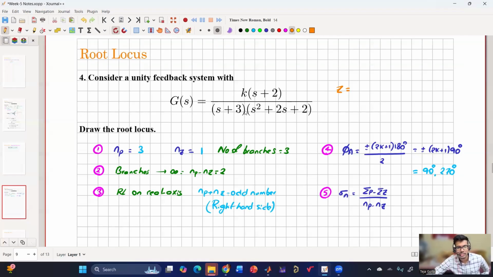But this is also there, right? It will not cancel out. One has a real part, right? Previously it was imaginary. So s square plus 2s plus 2 has a real part also. So the summation of the poles in this will be minus 2, right? Summation of the poles is minus b by a, and the product is c by a.